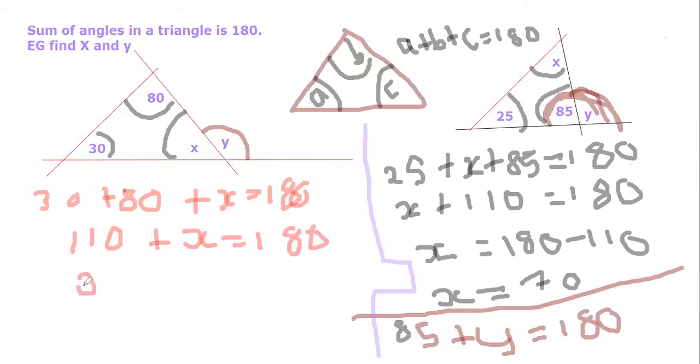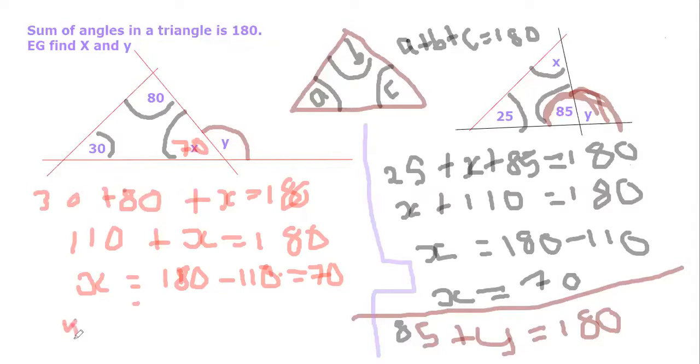Then X is equal to 180 minus 110, which is equal to 70. So here it is 70. What about Y?